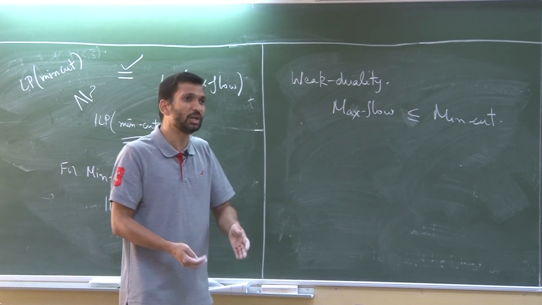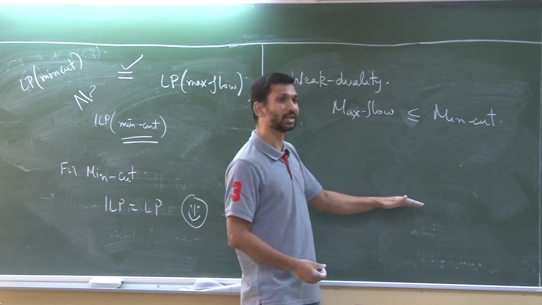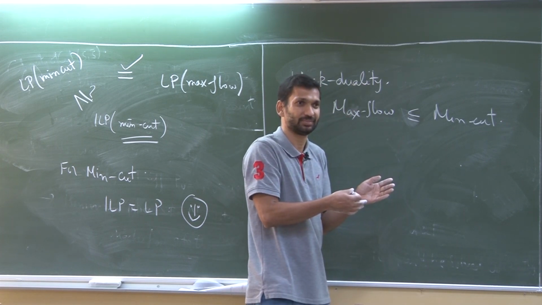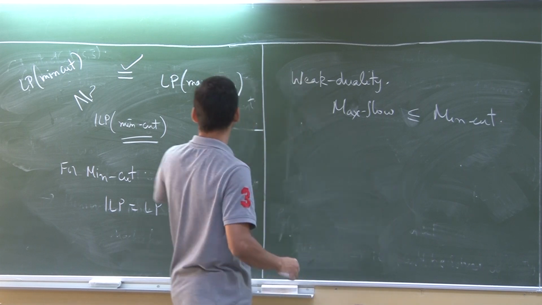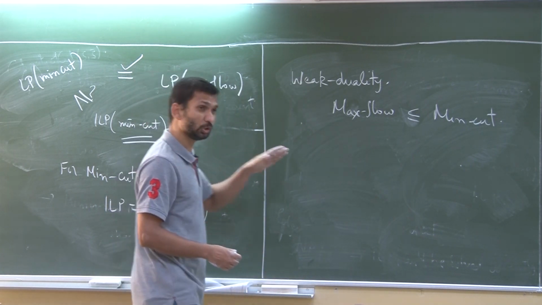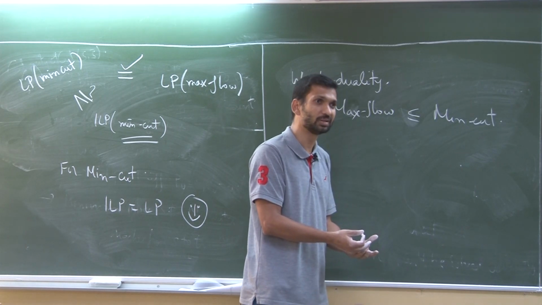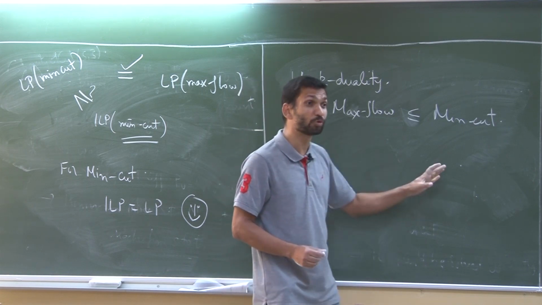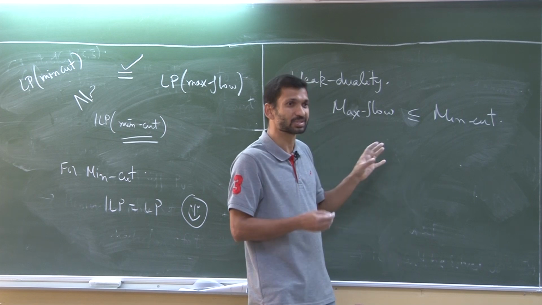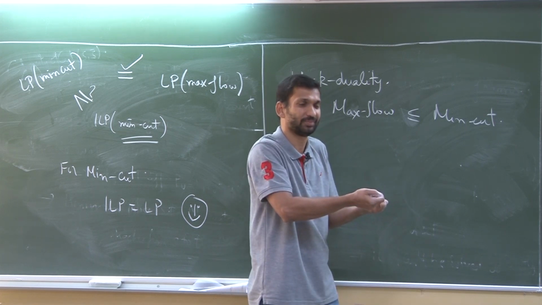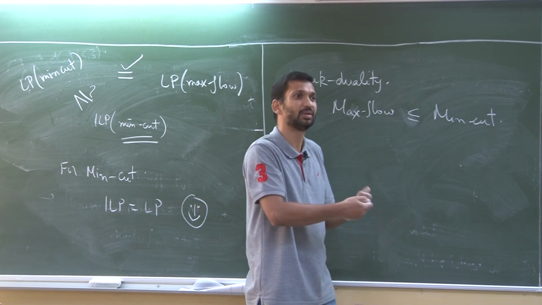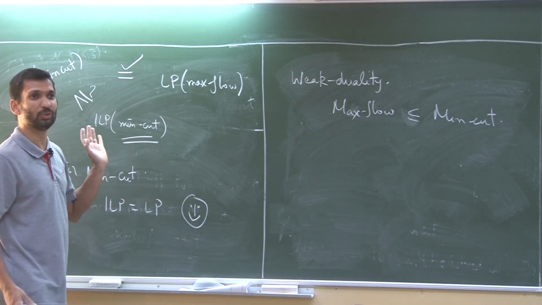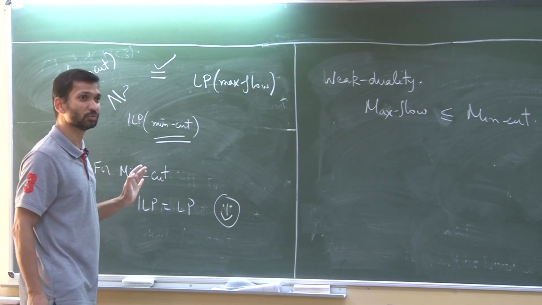If you look at the graph, you look at the cut, the water flow has to pass through that cut at some point of time. I'm not giving a mathematical proof. The mathematical proof is here. But intuitively, and you can prove it mathematically also in different ways, it's a very nice intuitive statement, right? If you have a min cut, you cannot push more flow than the value of min cut. In some sense, it has to pass through it at some point of time, right? So that means max flow is less than or equal to min cut. And this just follows from weak duality here. Simple, nice proof of that.